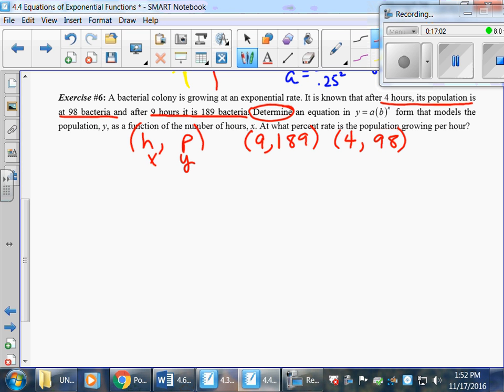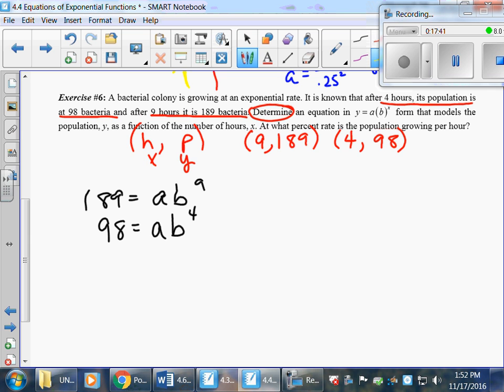So we can do exactly what we just did. Set up the 2 equations. 189 is equal to a times b to the 9th. The second one is 98 equals a times b to the 4th.